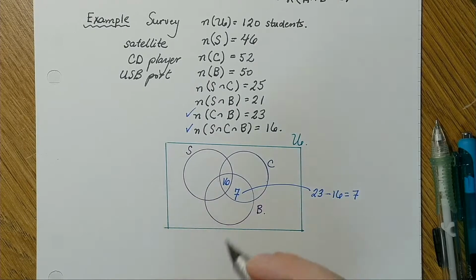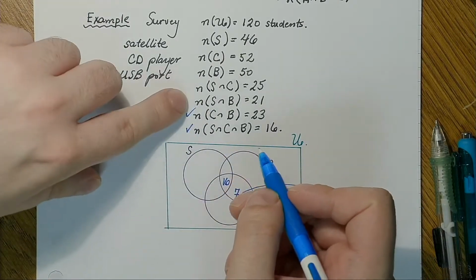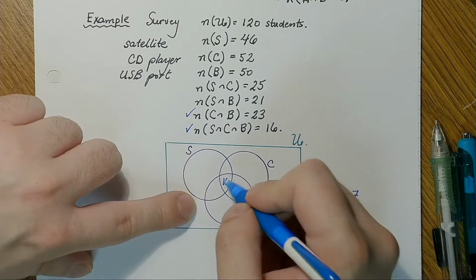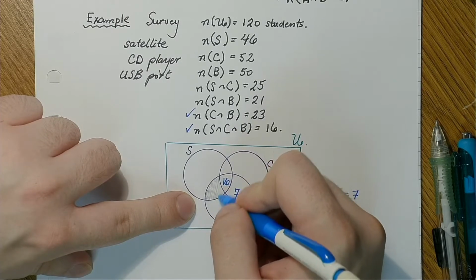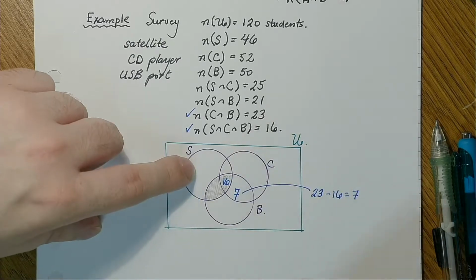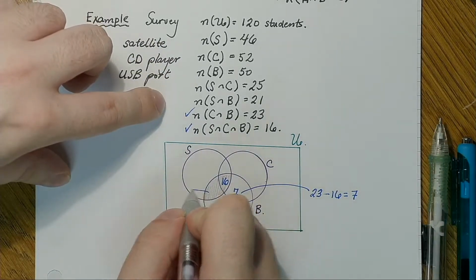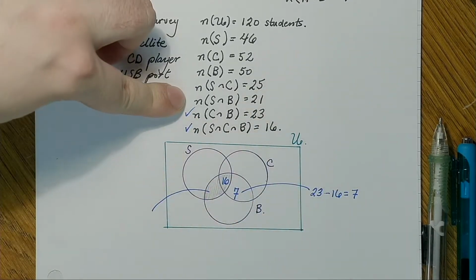Okay, so the next one that we'll work with is we'll do the S and B. So in S and B, this is this region right in through here. Okay, and we're told that it's 21.